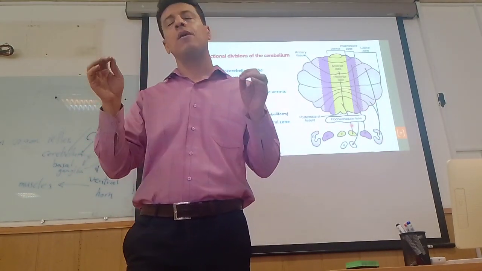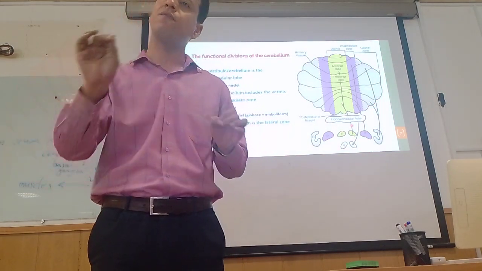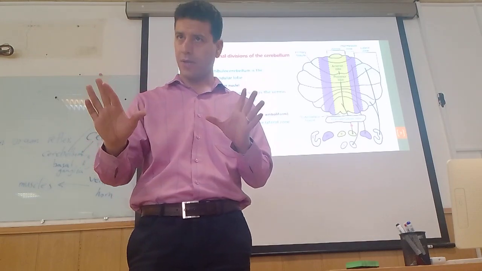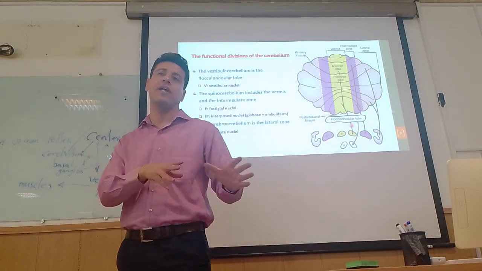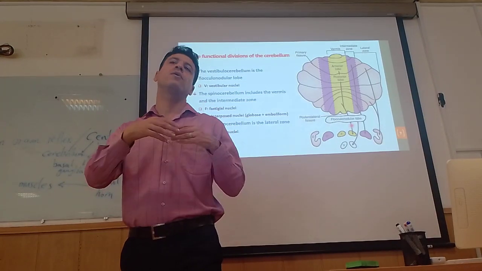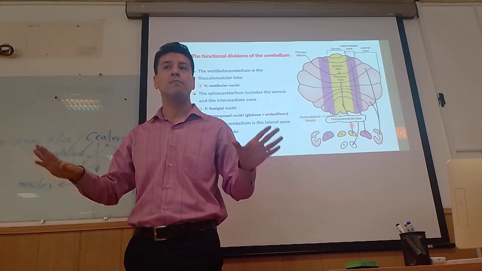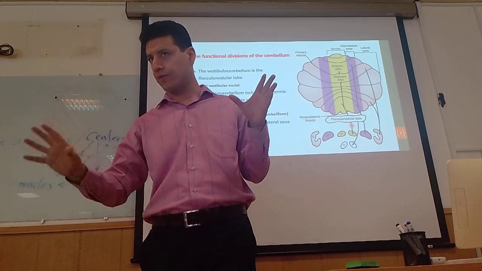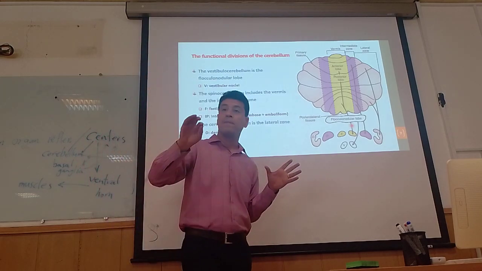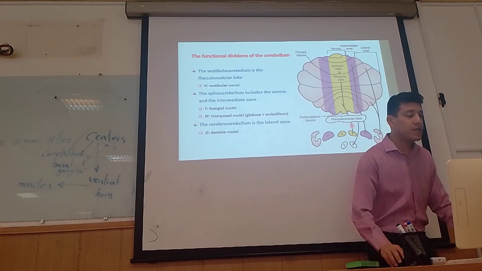But some areas are more specifically involved in some functions. The cerebellum is more specifically involved in motor learning. It doesn't mean that the spinal cord is not involved. All of them are involved, but the cerebellum is very important for this. The main circuits are located in the cerebellum. So let's go on.